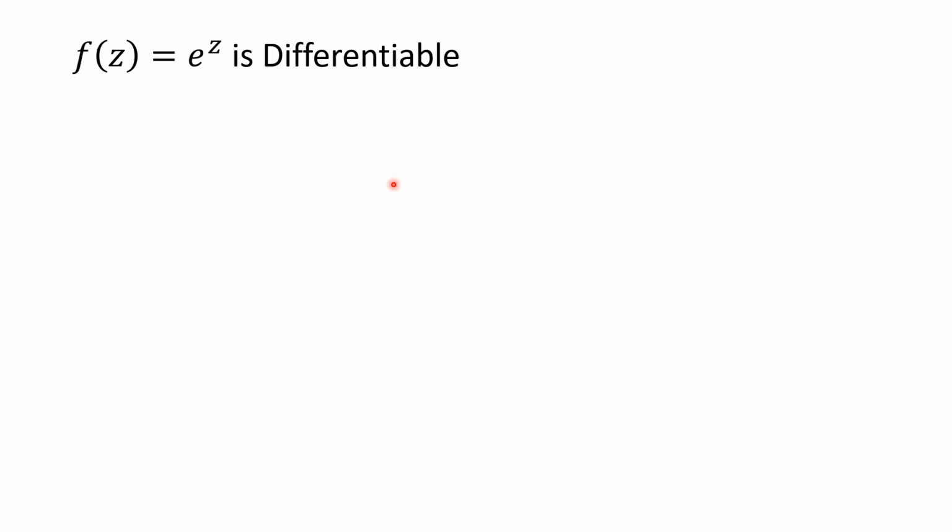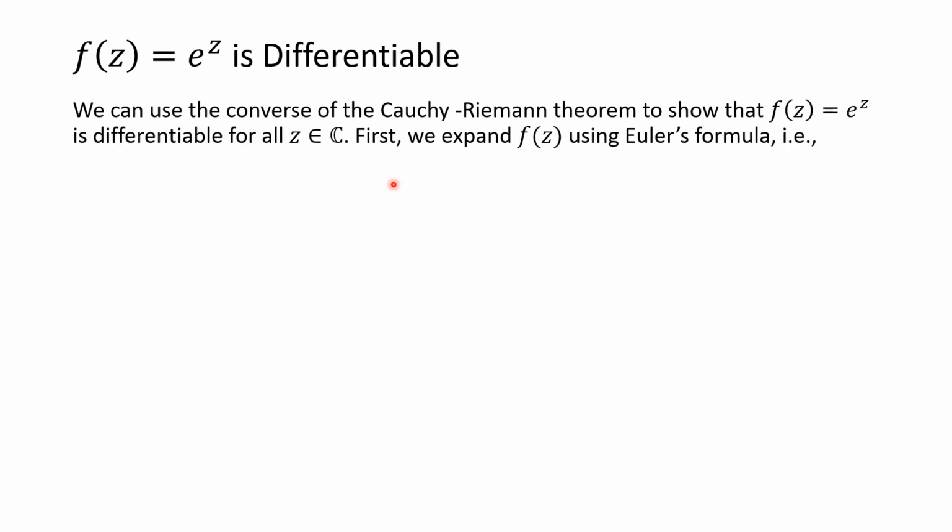All right, we're going to try a little bit more complex example. On this page, we have f of z equals e to the z. And we want to show that it's differentiable. So we're going to use the converse of the Cauchy Riemann theorem. The first step is we want to write e to the z in terms of its real and imaginary parts.